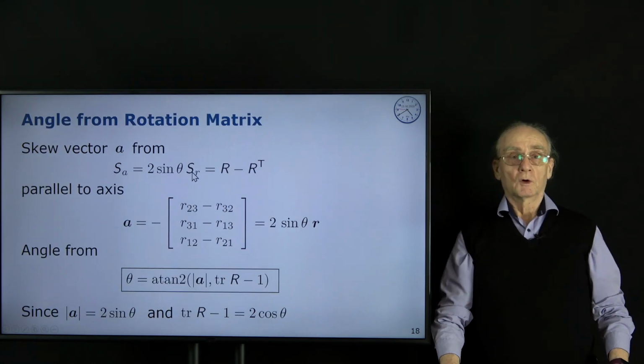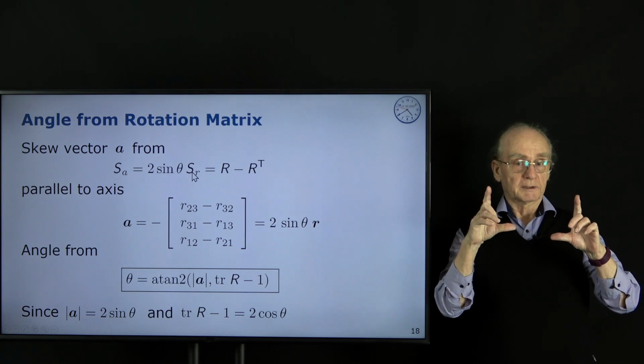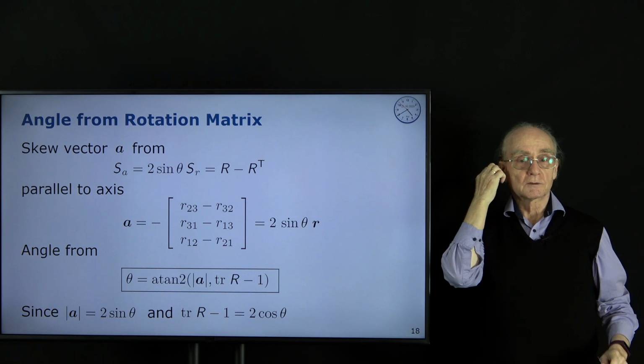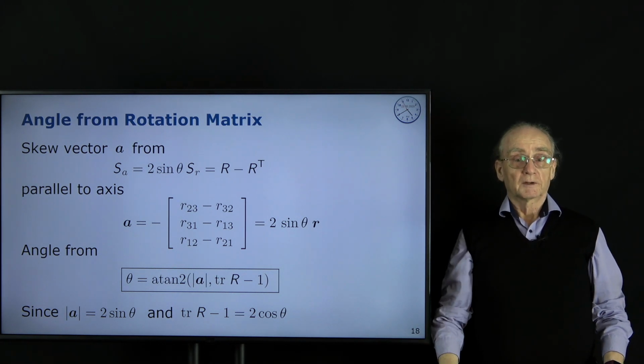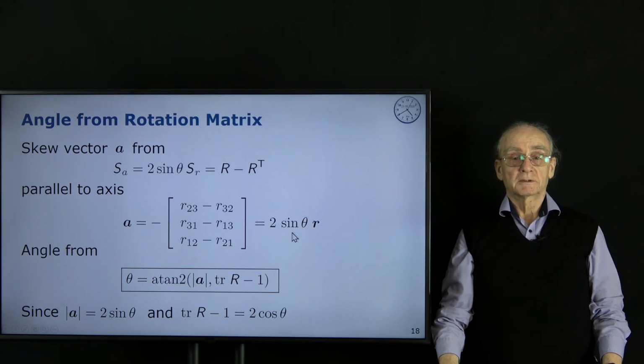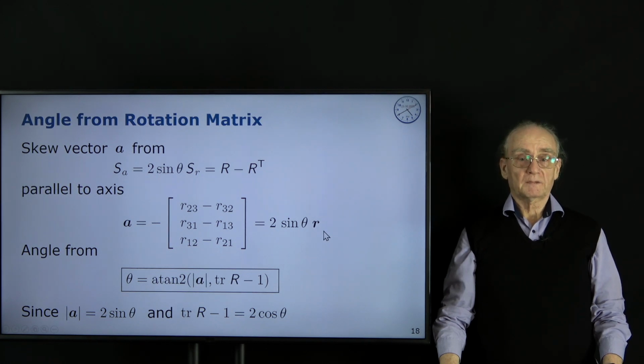Now we know that if we have a 3 by 3 matrix Q, we can extract the 3 elements of the cross vector. That means we can write down the 3 elements of A using the 2,3 element, the 3,1 element, and the 1,2 element, and get 2 times sine of theta multiplied with the rotation vector.